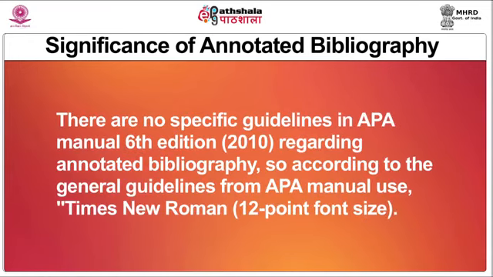There are no specific guidelines in the APA Manual 6th edition, that is in 2010, regarding annotated bibliography. So, according to the journal guidelines from the APA manual, use Times New Roman, that is 12-point font size, and format each reference according to the examples in APA.